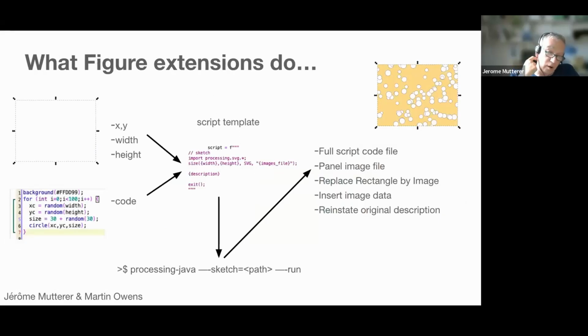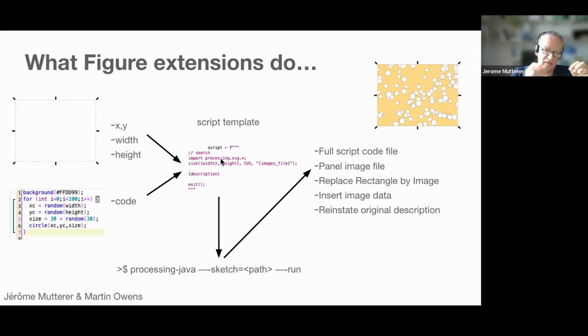How does this work exactly? Because I told you about the SVG exactly. So position and size, those are the attributes of the panel. Position and size inside your figure. Then you have the code. This is a processing example. So what the extension does, it mixes the properties of the panel and then the code needed to render it.